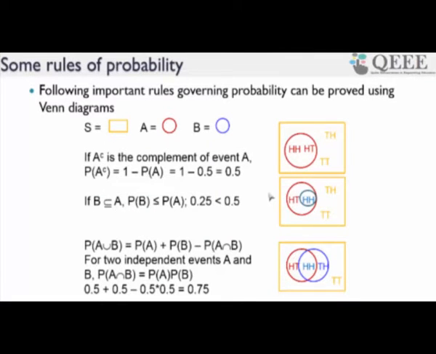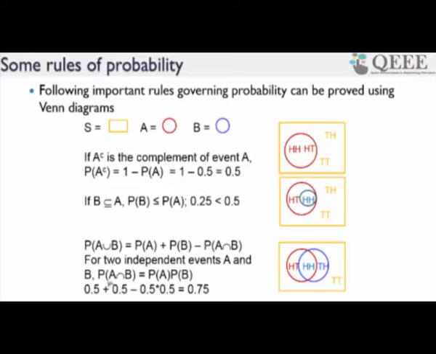There are several other rules that you can prove in terms of probability, which are usually easily visualized using Venn diagrams. For example, probability of A complement is 1 minus probability of A. The probability of A union B, in the general case, is probability of A plus probability of B minus probability of A intersection B. Now, if these two are independent events, then probability of A intersection B will be probability of A times probability of B, which can be substituted here.